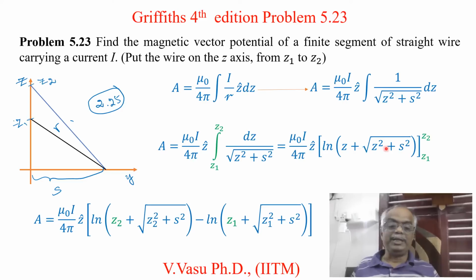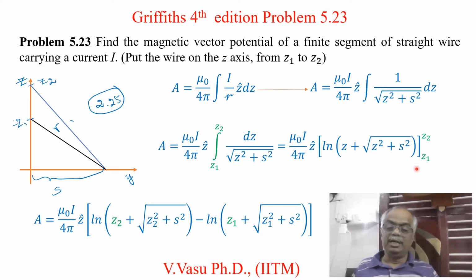Applying the upper limit z2 gives the natural logarithm of z2 plus the square root of z2 squared plus s squared, and applying the lower limit, minus the natural logarithm of z1 plus the square root of z1 squared plus s squared.